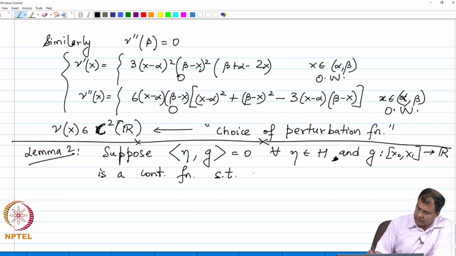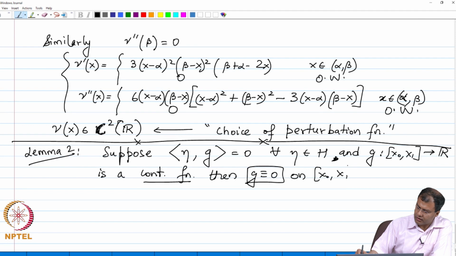Again, what the result says is, suppose the inner product is 0 for all such perturbations, where g is a continuous function, then I must have that g is identically 0 on the interval x 0 to x 1, right.